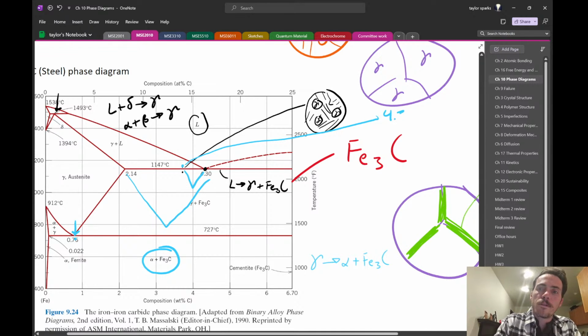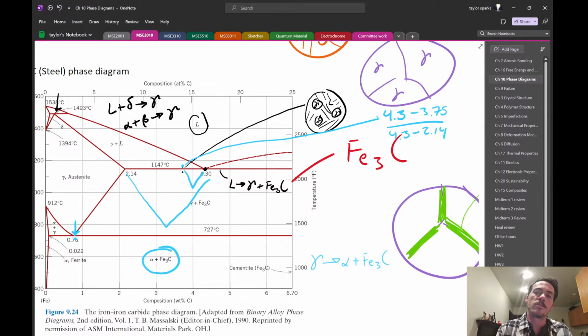So 4.3 minus 3.75, divided by the total distance, which is 4.3 minus 2.14. That would give us the amount of solid austenite. Now, taking 3.75 minus 2.14 as the numerator would give you the amount of liquid. So you would actually want to calculate it, and that would tell you the amount of the austenite phase and the amount of the liquid phase.